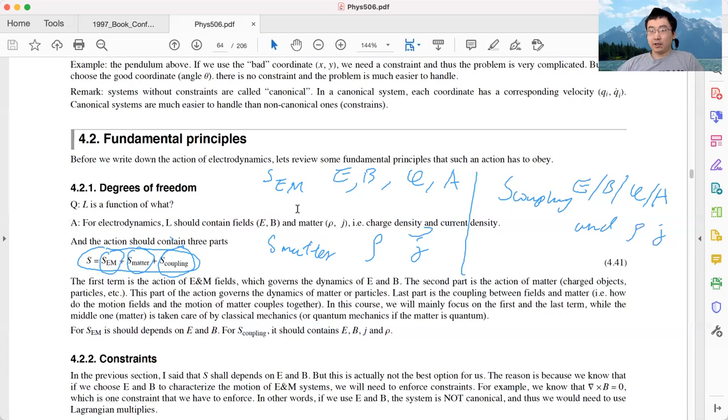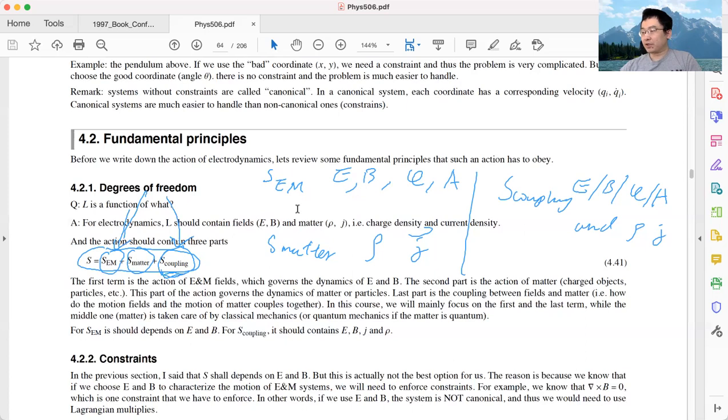And because we are doing E and M, in this course we will mostly focus on the first term, the E and M term, and the last term, the coupling term. We sometimes will mention the matter term, but the matter term will not be our central focus, because the dynamics of matter, how matter changes, is not part of E and M. So we are mostly focused on the E and M part and the coupling part.